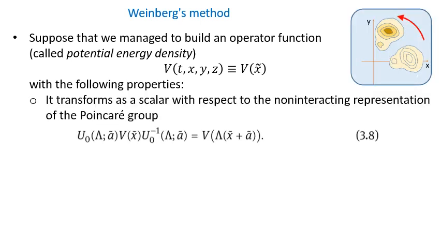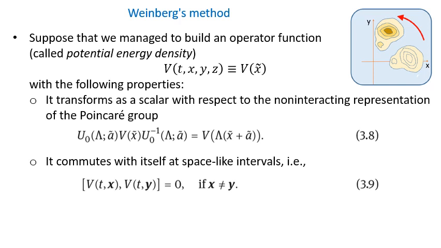If we transform this operator by unitary operators from our non-interacting representation, then function V changes as a four-scalar. This means that only the argument of the function is affected by the combination of Lorentz transformation and four-translation.